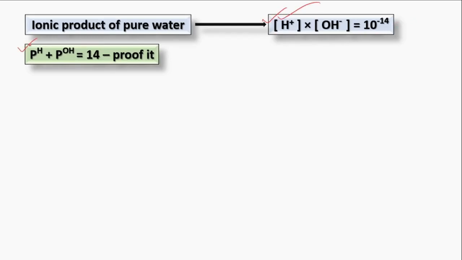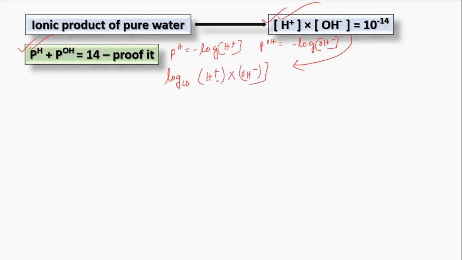So how can we prove this? Just remember, pH equals minus log H plus and pOH equals minus log OH minus. If we start from this equation, we will operate log base 10 on both sides: H plus into OH minus, and it would be log 10 to the power minus 14.